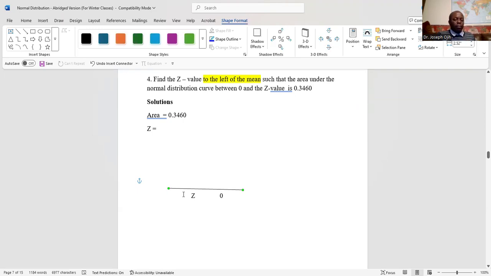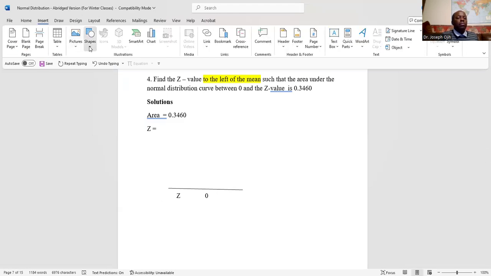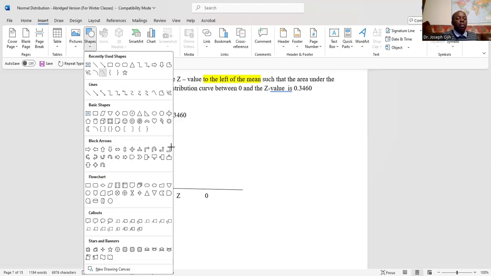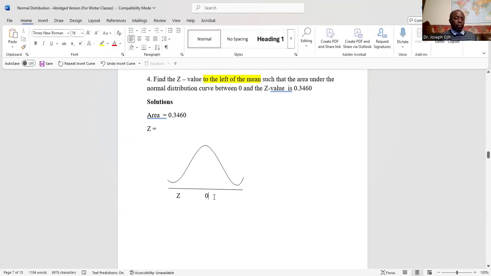Put your bell curve. Now you put the center line.